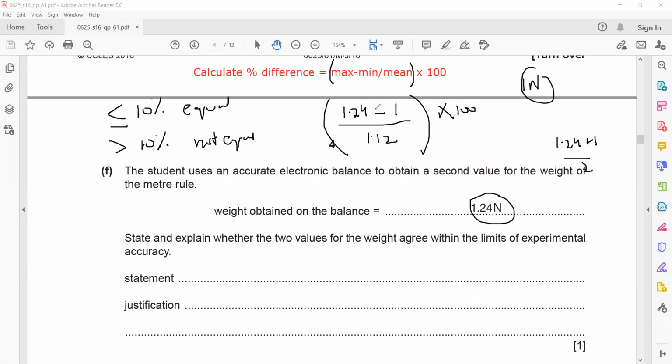What is the final answer? If the answer is 10.1, it's approximately the same as 10. When there's a difference, it will come out like 15, 13. What is the final answer after calculation? 1.24 minus 1.